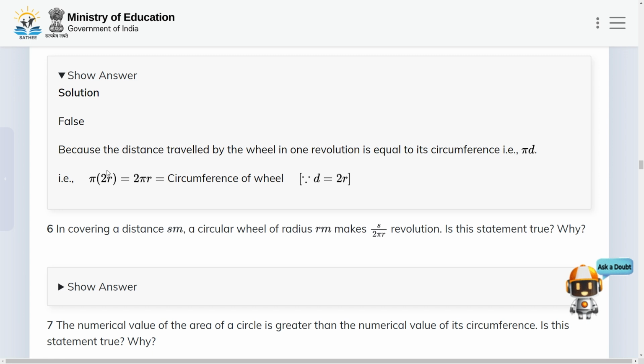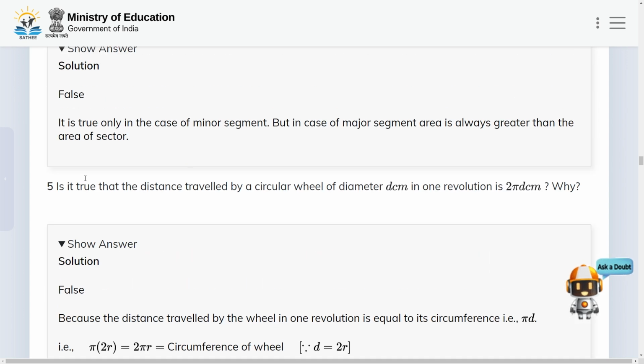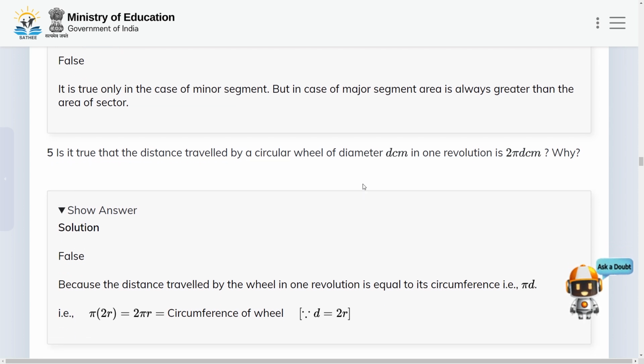Here this is false, because the distance traveled by the wheel in one revolution is equal to its circumference, and the circumference is pi d, that is 2 pi r, since the diameter d is equal to 2 times r. So this statement is not true. It is not true that the distance traveled by a circular wheel of diameter d centimeter in one revolution is 2 pi d centimeter.